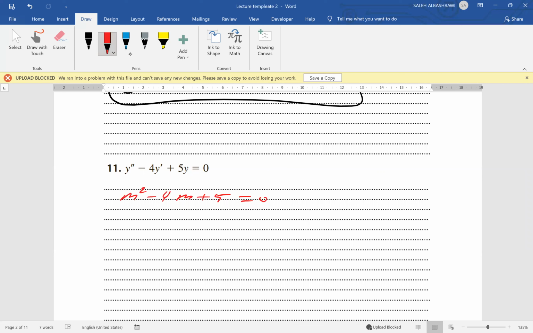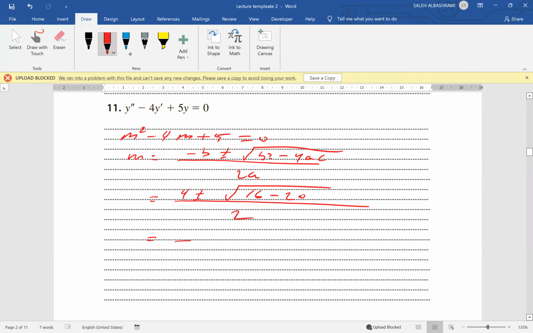To find the roots, this cannot be factored, so we can use the quadratic formula: m equal to minus b plus or minus the square root of b squared minus 4ac, divided by 2a, which is 4 plus or minus the square root of 16 minus 4 times 5, which is 20, divided by 2.